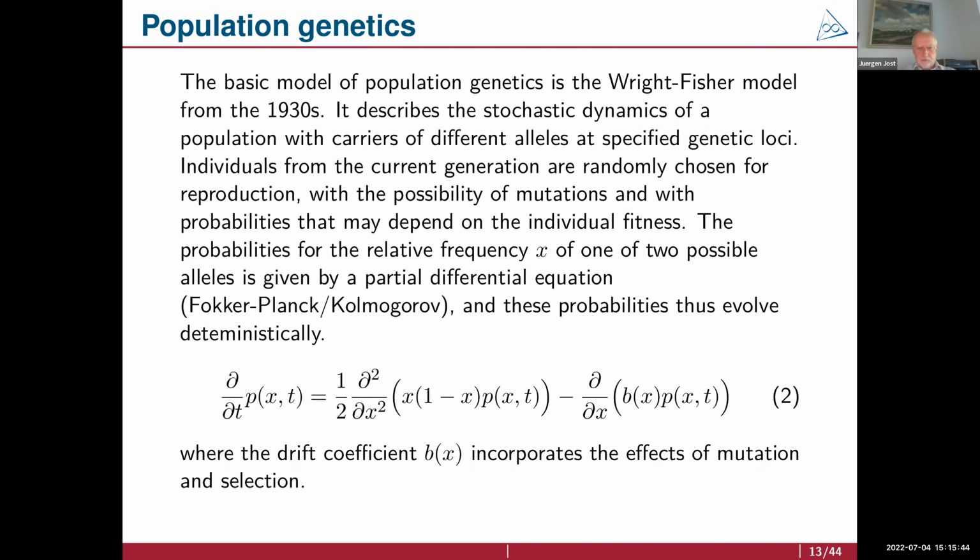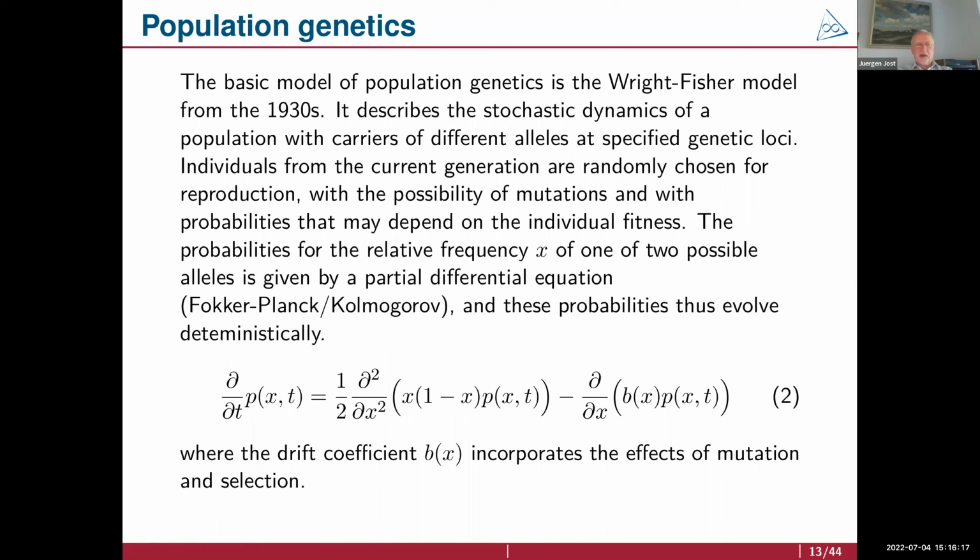And the entire model is described in one single equation, a partial differential equation, which is called the Fokker-Planck equation by physicists and the Kolmogorov-Forward equation by mathematicians. And it is about the probabilities that the relative frequency of one of two alleles occurs at a particular time t.